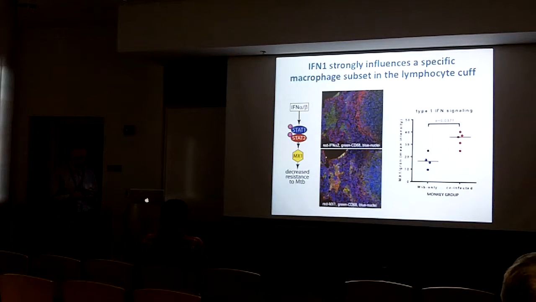If we quantify just the MX1 signal in different granulomas, in an animal that's got TB only, and a similar animal that's got a co-infection with SIV, we find that those co-infected animals have higher MX1. And some of that is due to this population of cells. So we're really interested in figuring out what the role of these cells in that tissue environment happens to be.